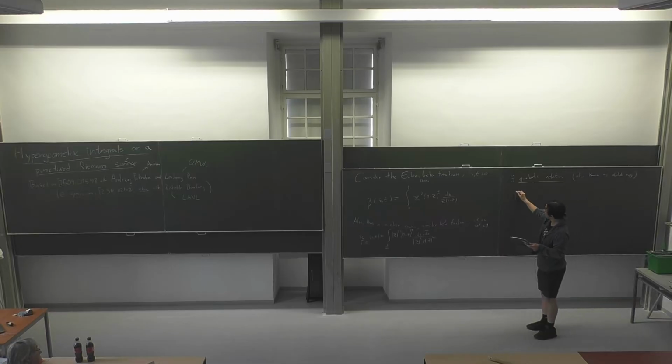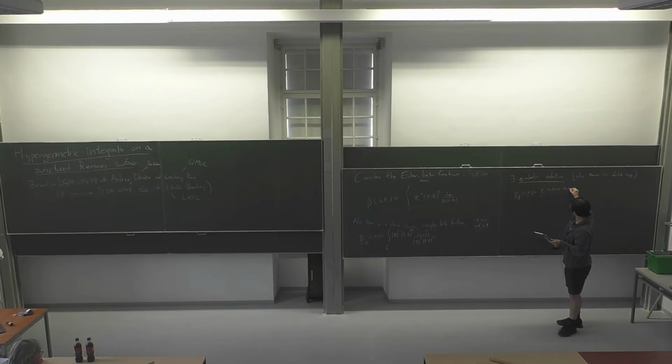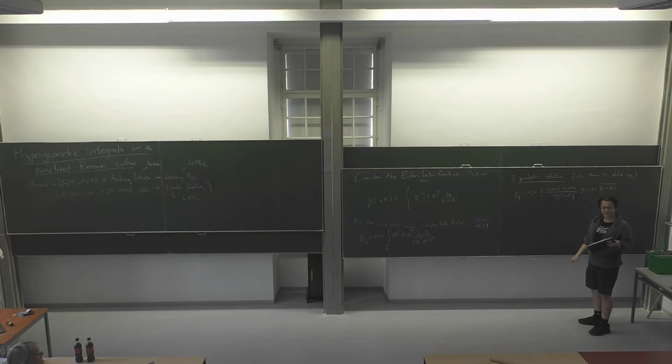It relates the complex one to a product of the other one, the hypergeometric function. I'm going to be a bit silly and put a complex conjugate there, even if it's a real quantity.